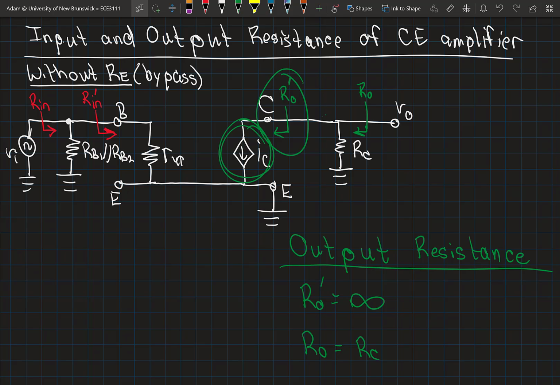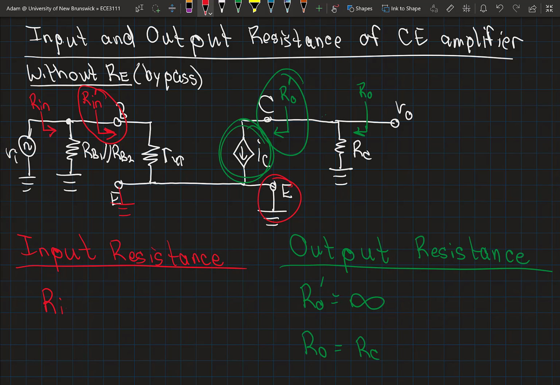We can use a similar approach on the input. Again, you could connect a test source to evaluate the input resistance, but we can just through observation see pretty clearly that, because the emitter has a connection directly to ground, and I could show that emitter connection to ground over on this end if it makes it more clear, looking in from the perspective of the base directly, the only resistance in the path to ground is R pi.